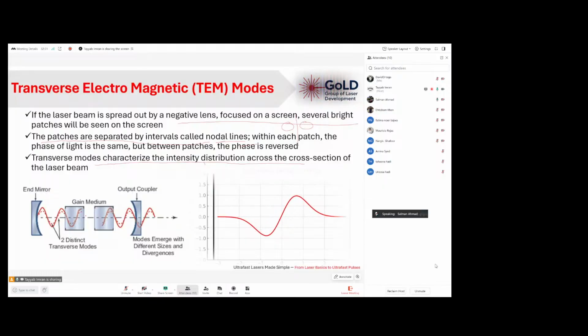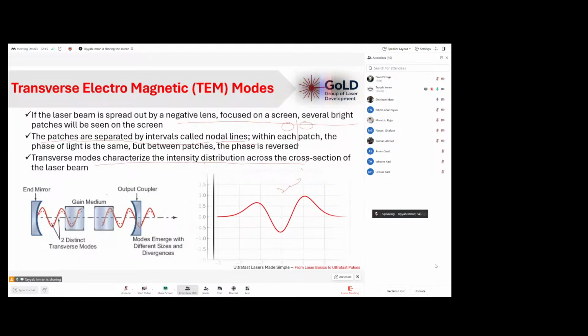If you see this diagram below here, you can see how the phase reverses: the crest becomes the trough and the trough becomes the crest. It becomes the negative region.